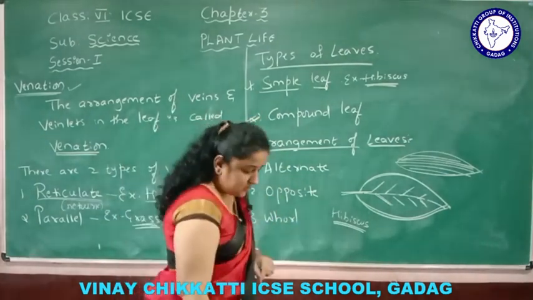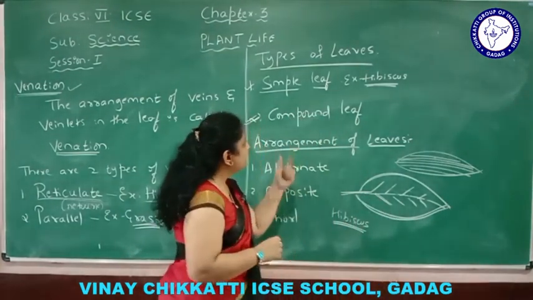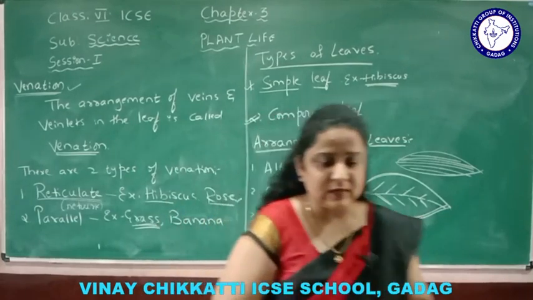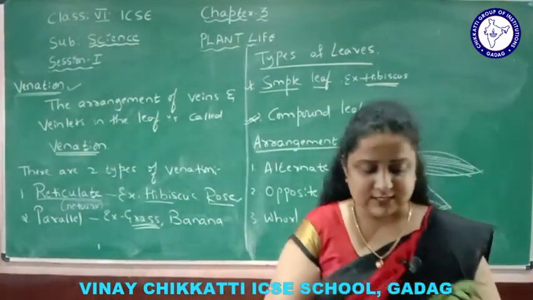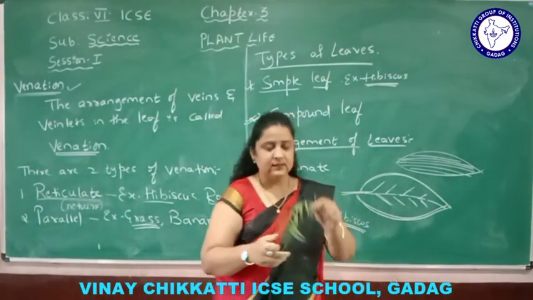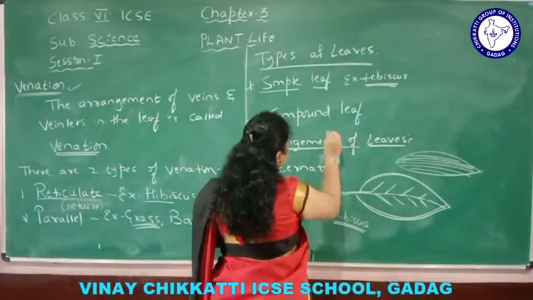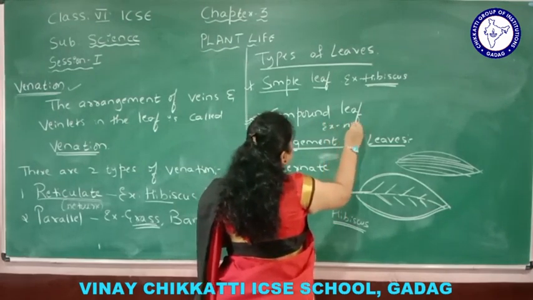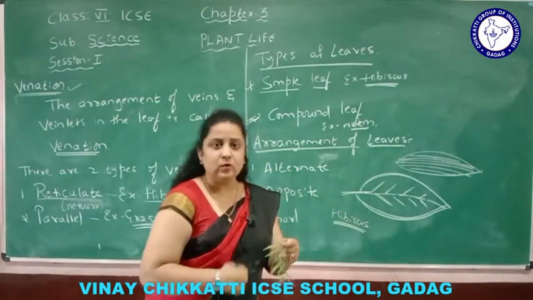Number 2 is compound leaf. As the name indicates, compound. Here the leaf is not entire, the leaf lamina is not entire, it is broken into leaflets. Example, neem. Neem, curry leaves, there are so many examples of compound leaf.